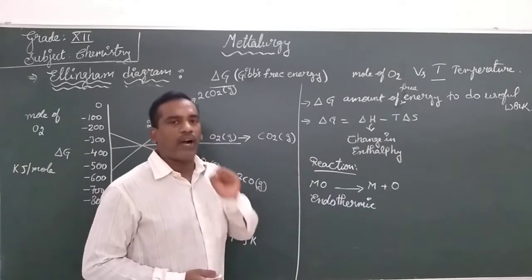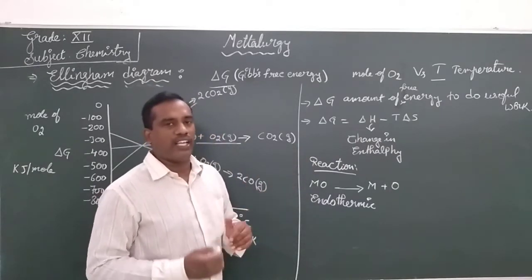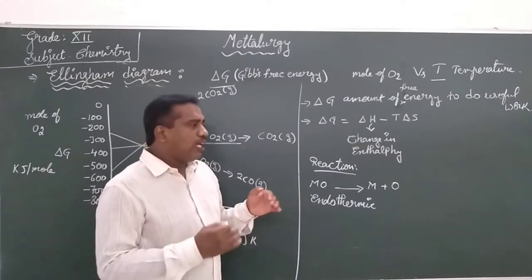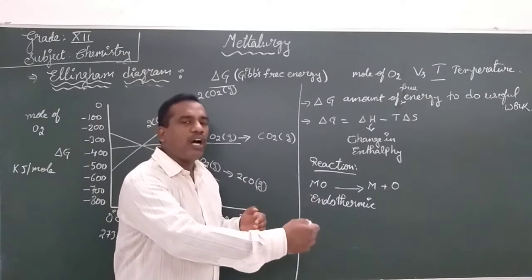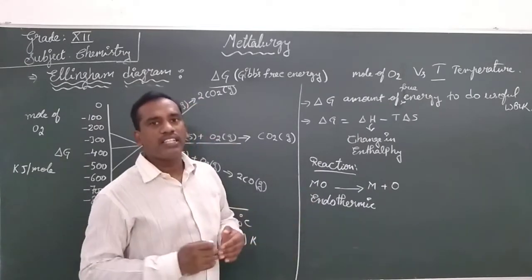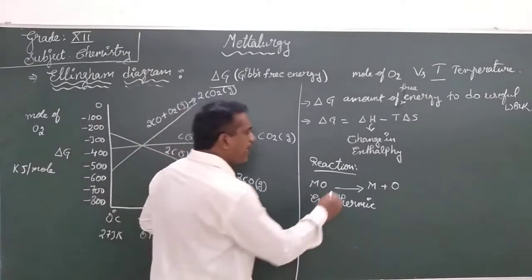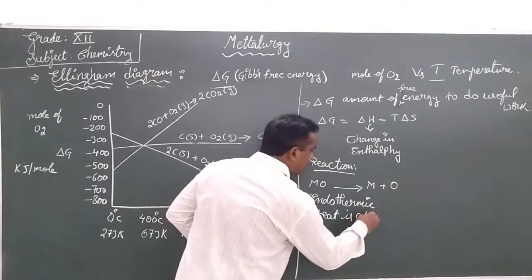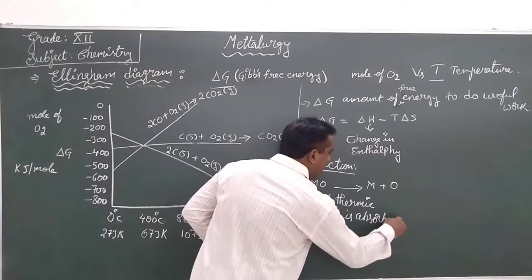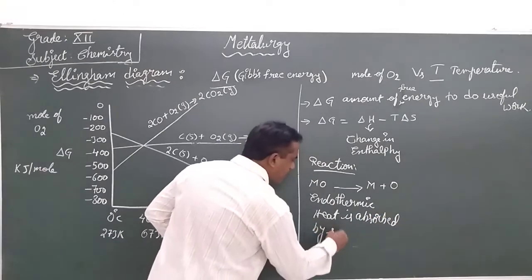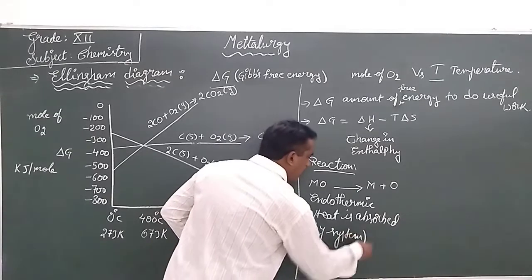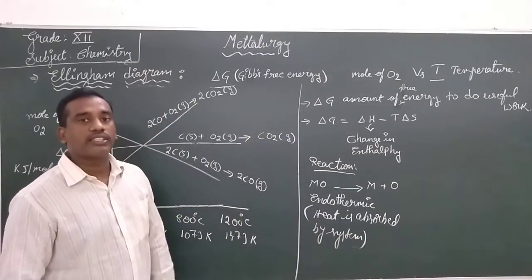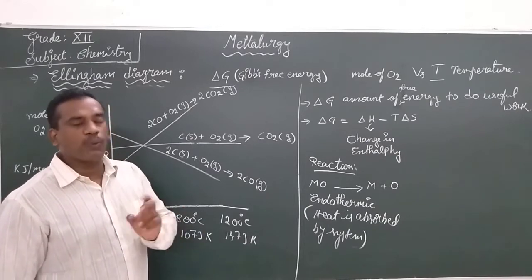So we came to know one point, the change in enthalpy. You are supplying some amount of heat. That is called whether heat is given to the system or heat is evolved from the system. In this reaction, heat is given. Heat is absorbed by the system. When heat is absorbed by the system, the change in enthalpy will be a positive value.